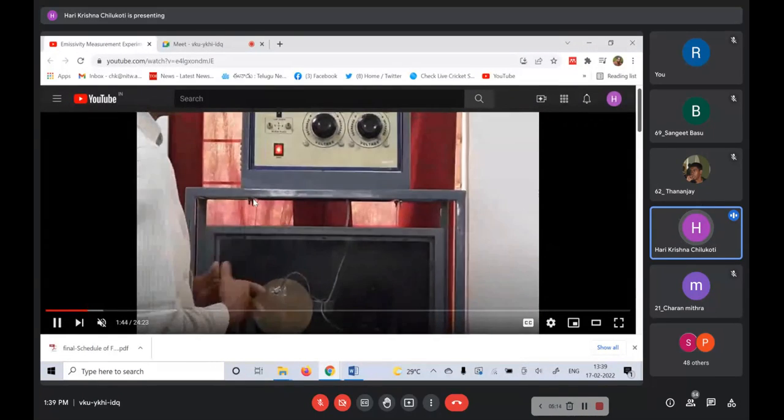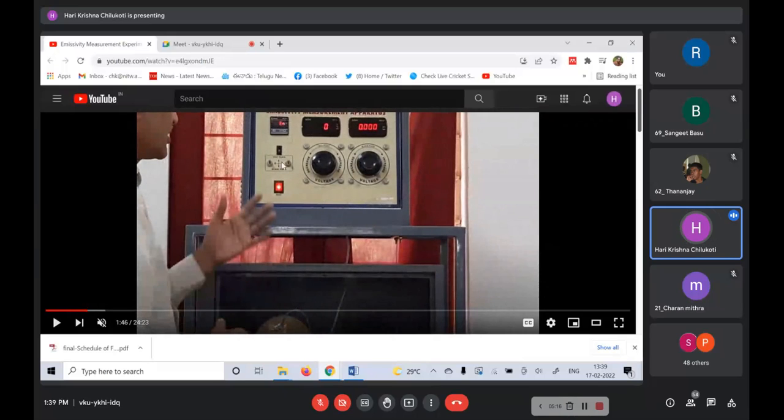Similar to the previous experiment, this is the temperature indicator selector switch. By using this temperature indicator selector switch, we can read the temperatures measured by the thermocouples which are mounted on the test plate, the reference plate, as well as on the enclosure surface.